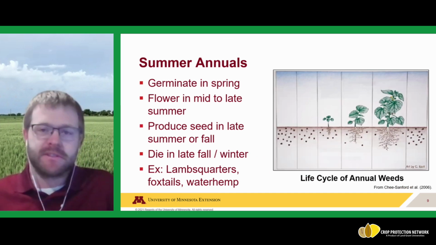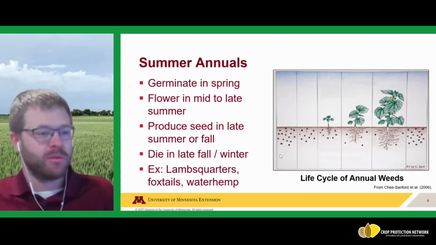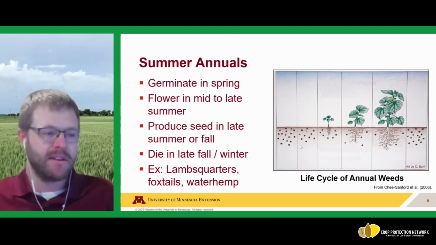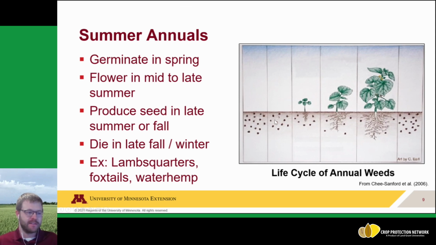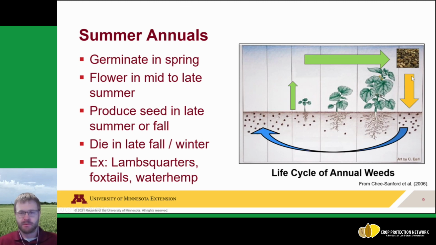So summer annuals, I'm sure many of you are familiar with that life cycle, but they just germinate in the spring. If we talk about weeds, they're starting from that weed seed bank. As you see in the diagram on the right-hand side here, they're going to germinate and emerge, grow throughout that summer period, and produce viable seeds in the fall, before those seeds fall back into the soil or perhaps get captured by equipment.